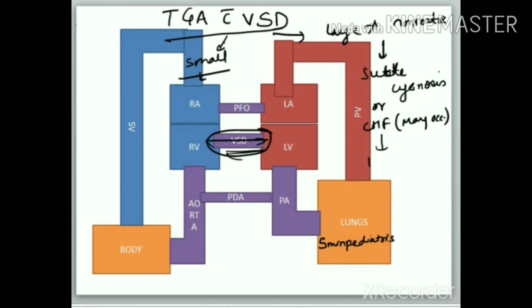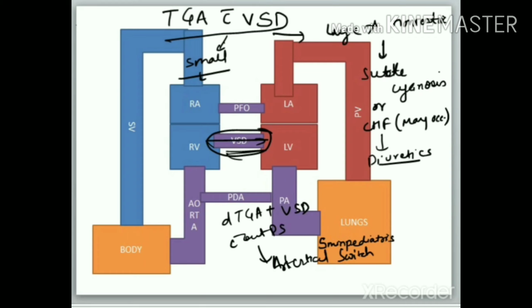So we have to treat congestive heart failure by giving diuretics. If DTGA plus VSD is present but there is no pulmonary stenosis, then we have the arterial switch procedure combined with VSD closure, and this is safely performed after 2 weeks.